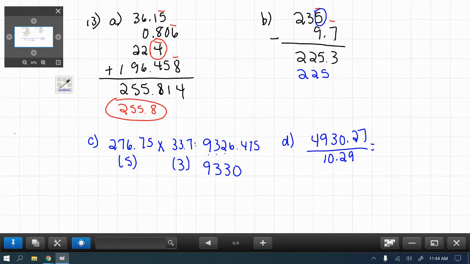And what was your answer all the way out? 479.132167152. How many significant figures? Six. How many? Four. Answer should be to 4. 479.1 would be your answer.